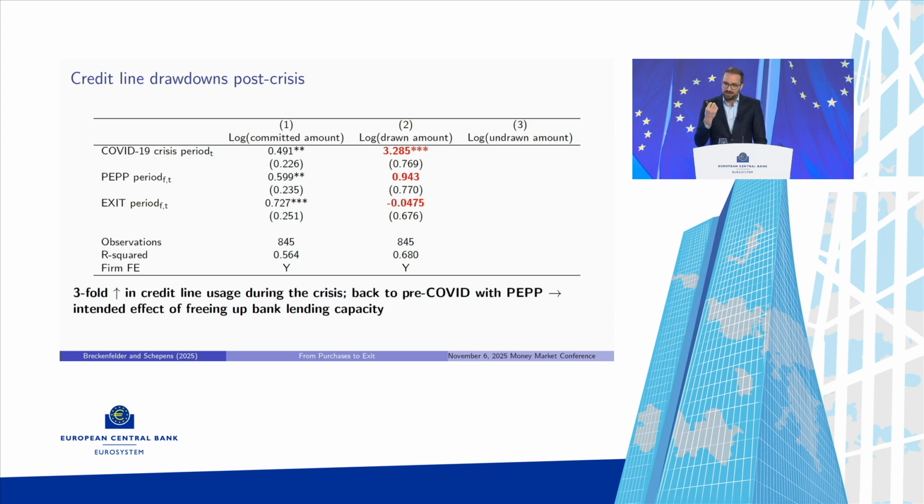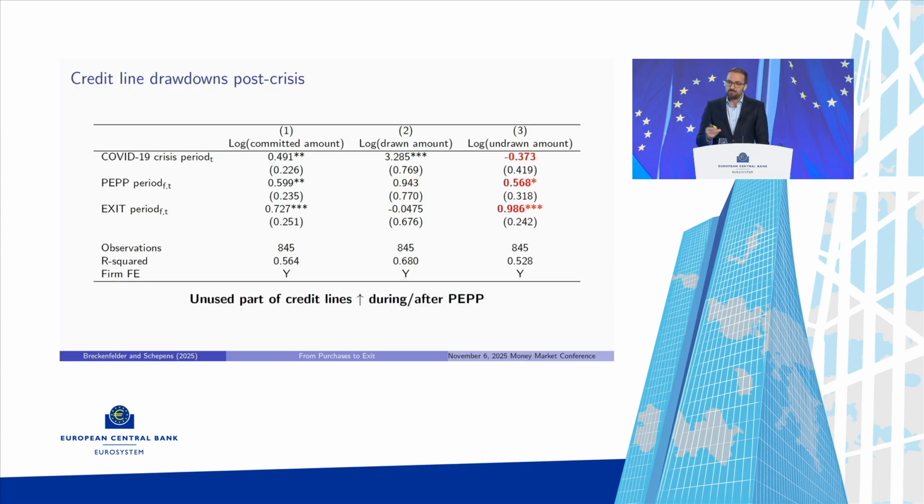In fact, one of the intended effects was to free up bank lending capacity, and this indicates that this worked well. We can put this together and think about the undrawn amount. The undrawn amount is growing with PEPP and even after the ECB exits is still very large.